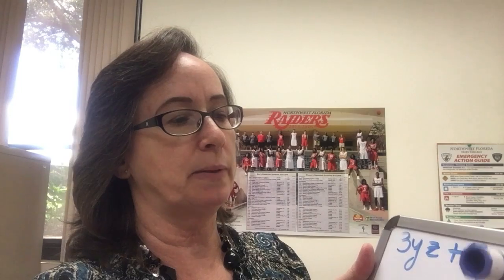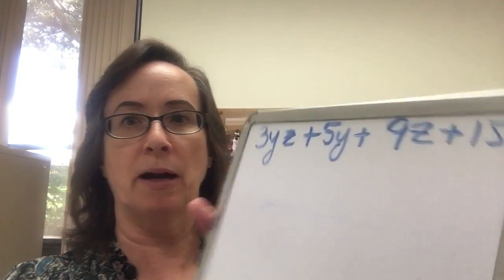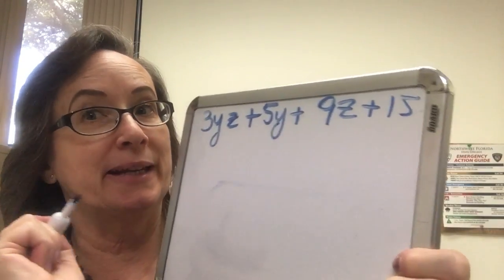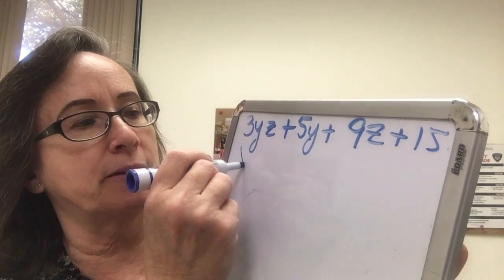Let me just erase this board. So I'm going to copy the same problem, 3yz plus 5y plus 9z plus 15. Okay, so the same problem that we just finished working, but now I'm going to group them differently.